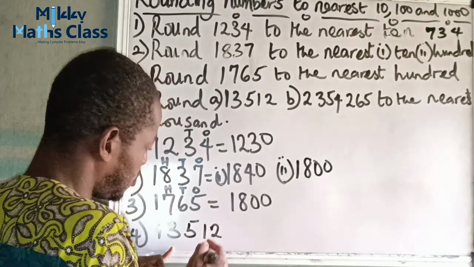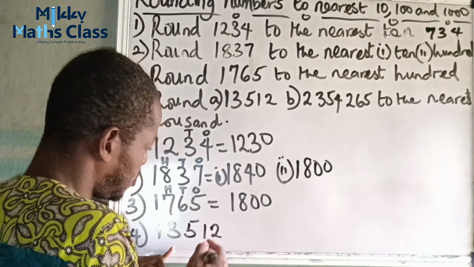I hope you have learned how to round up numbers to the nearest 10 and to the nearest thousand. Before we go, just like in our usual style, here's a list of take-home fun. Practice this. The first one, 5 4 7 to the nearest 10. The second one, 14,789 to the nearest 100.